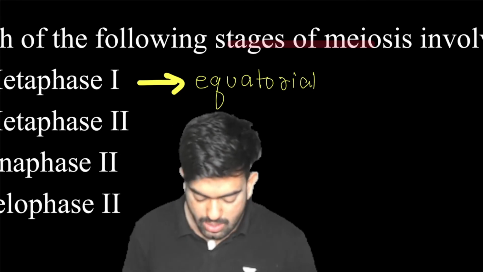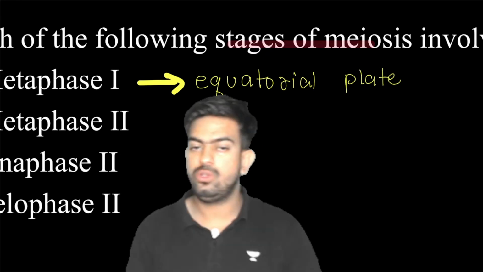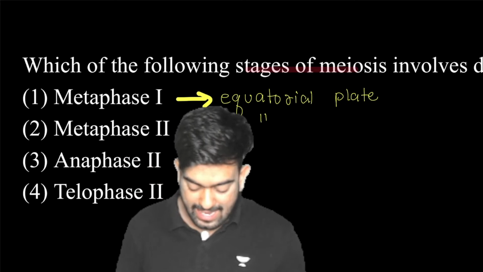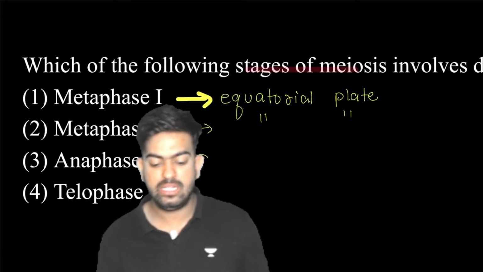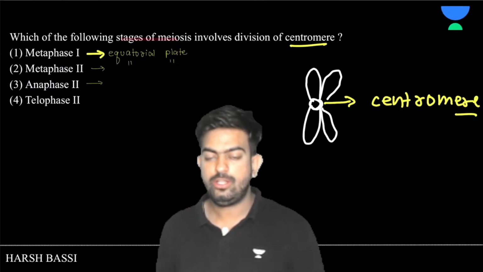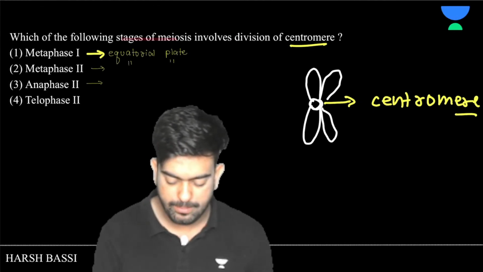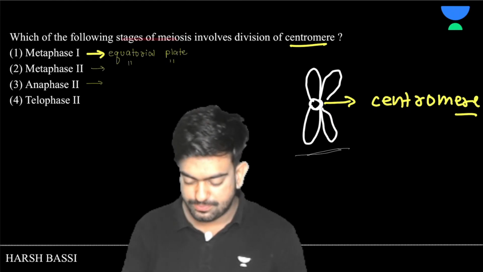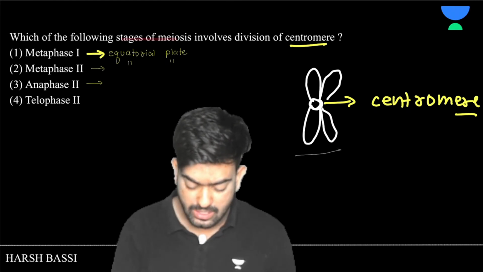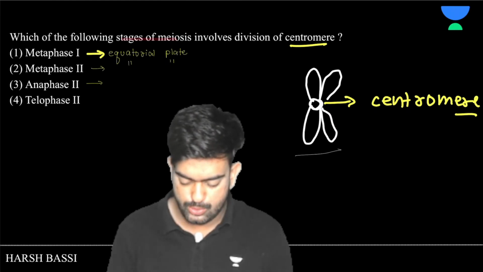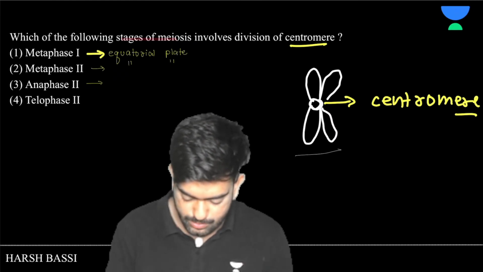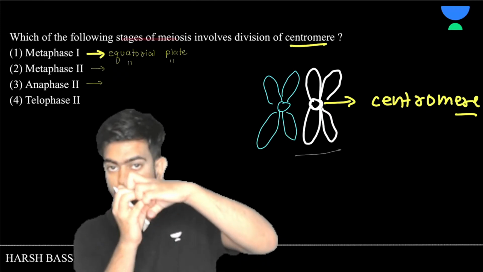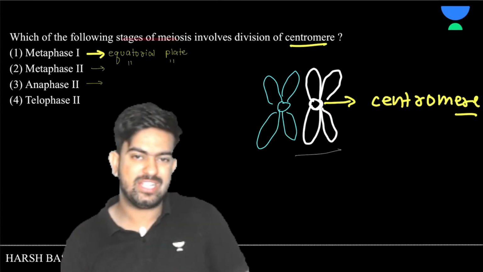Yes. Now in metaphase 2 also, no division of chromatids takes place. Same for anaphase 2. What about anaphase 2, sir? So remember, during anaphase 1 we had the homologous chromosomes, right? The chromosomes were like this, they were attached, and in anaphase 1 homologous chromosomes were separated.